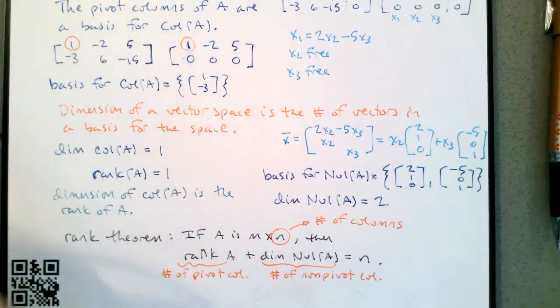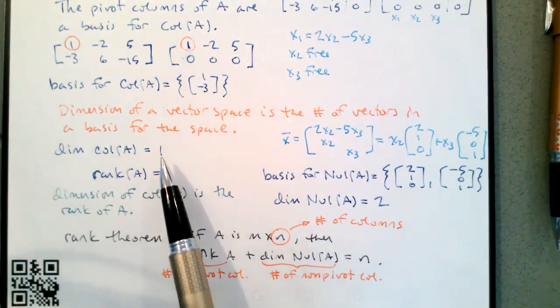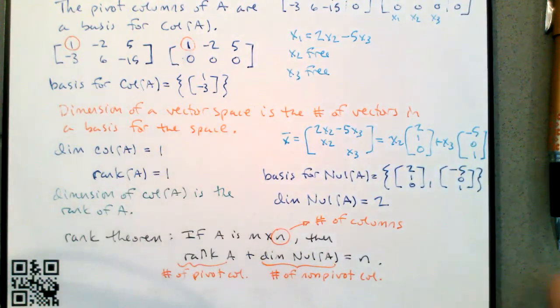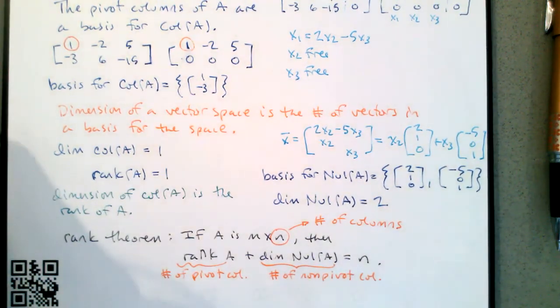notice that the column space is a one-dimensional subspace of R2. If A is a 2 by 3 matrix, then the column space of A will be a subspace of R2. In this case, we have a one-dimensional subspace of R2, and so that'll be a line through the origin in R2.